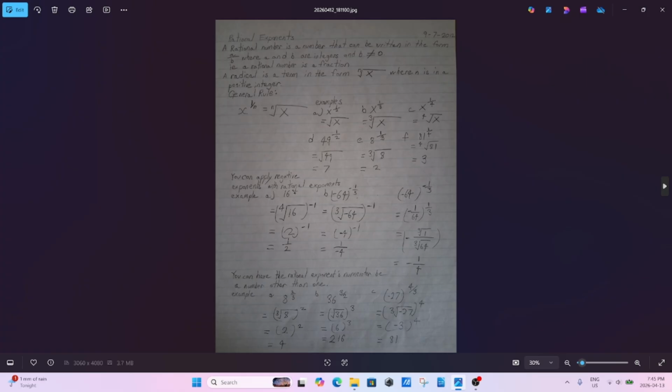Question B, negative 64 to the exponent negative 1/3 is equal to the third root of negative 64 to the exponent negative 1, which is equal to negative 4 to the exponent negative 1, which is equal to 1 over negative 4.